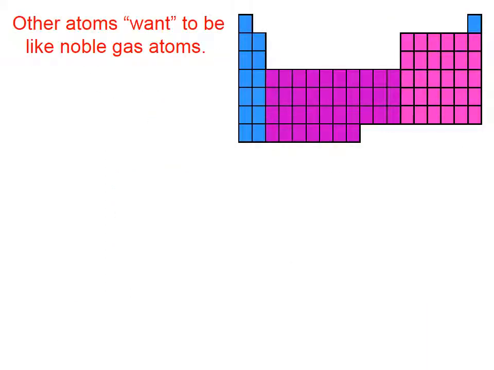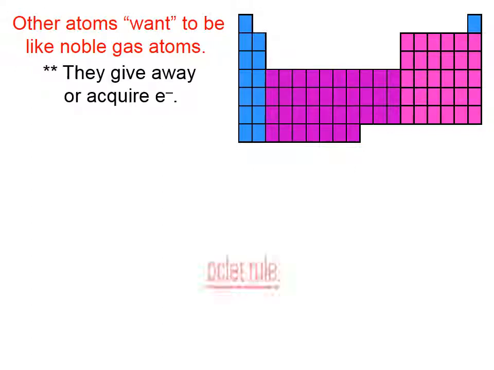Other atoms want to be like noble gas atoms. Of course, atoms don't really want anything. They just seek low energy states. But if we personify, to try to become like a noble gas atom, they give away or acquire electrons.